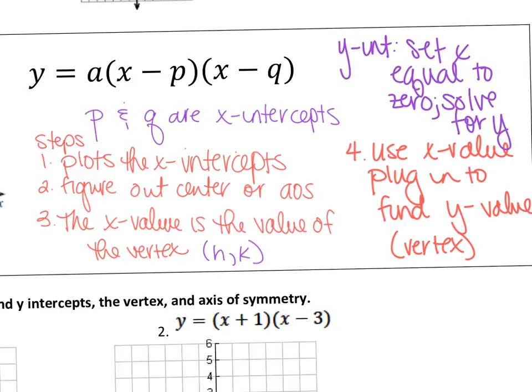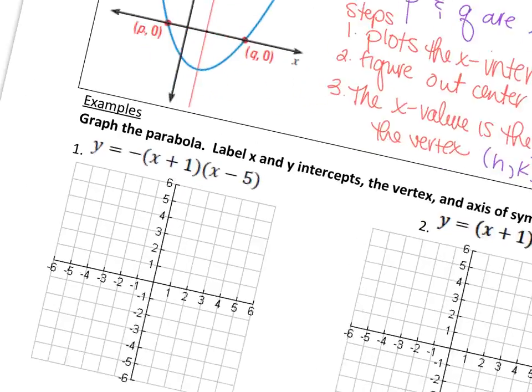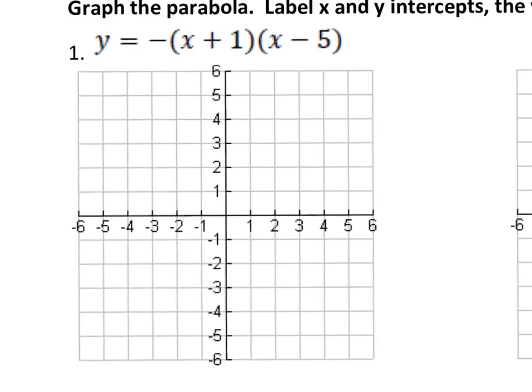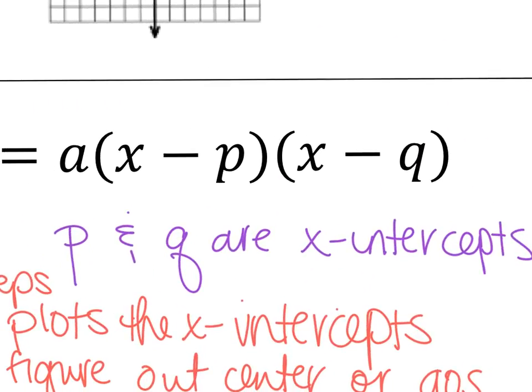Now, let's do a couple examples of one of these, and I just want to rewrite the formula right under the equation we have here. So it's x minus p and then x minus q. Now we notice that if we're looking at our equation, p and q are going to be the opposite.